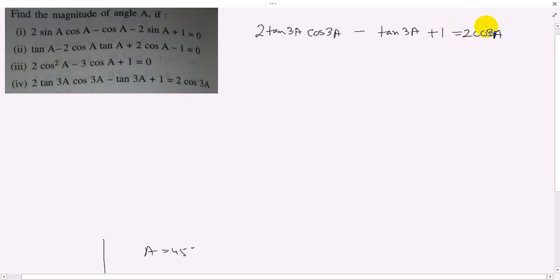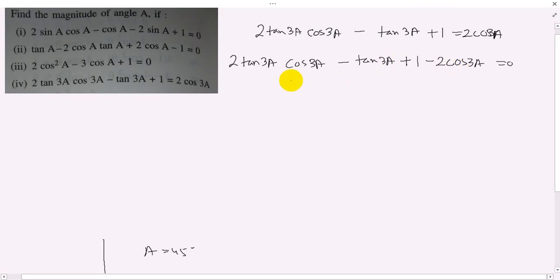We will move everything to the same side, so we can write this as 2 tan 3A cos 3A minus tan 3A plus 1 minus 2 cos 3A is equal to 0. Now we are rearranging this.